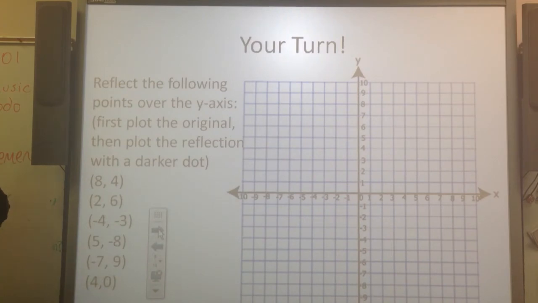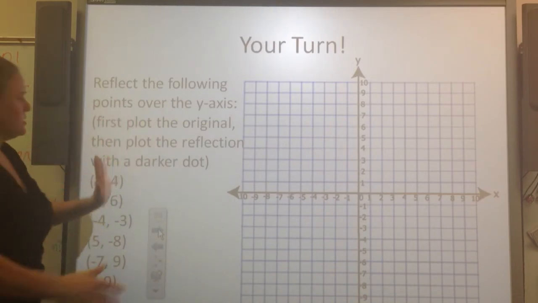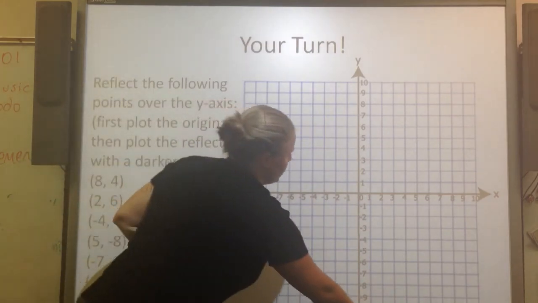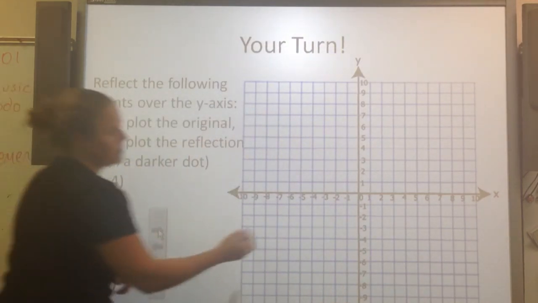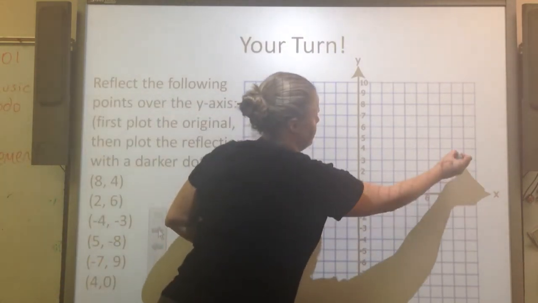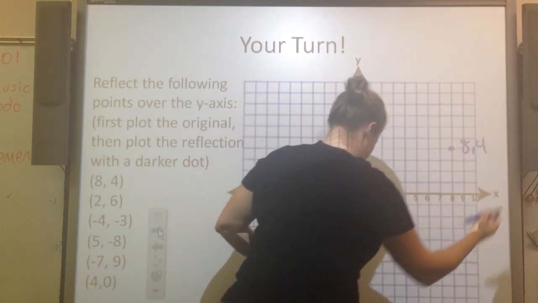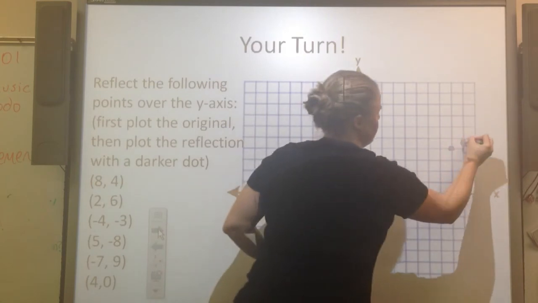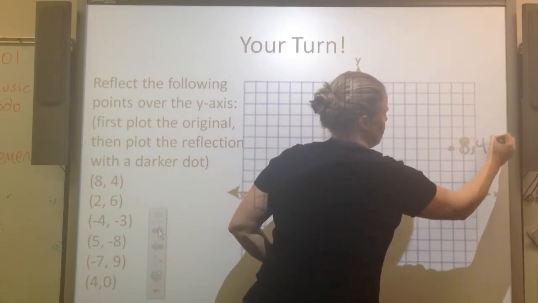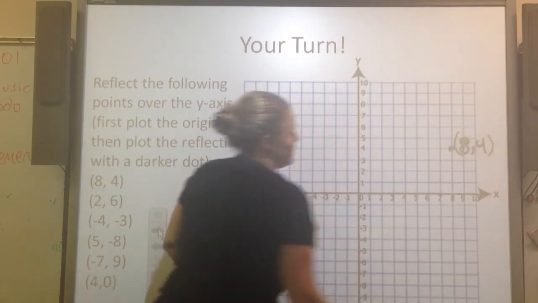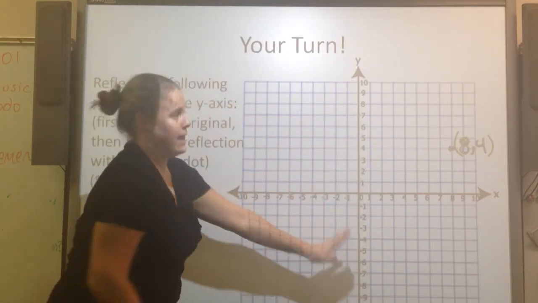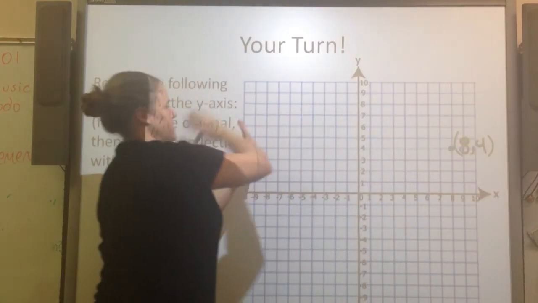Our next one has us going across the y-axis. I'm not going to go through all of these because that was a pretty lengthy one. Going over the y-axis, we're going to be doing the same thing. If our first point is (8, 4), over 8, up 4. Now we're reflecting across the y, so we take this point and flip it this way.